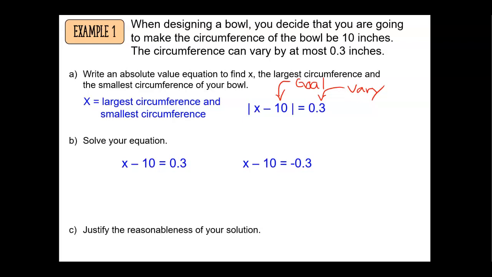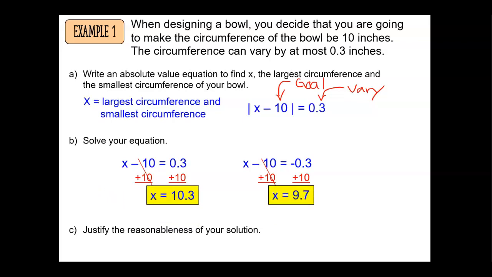Now, can you solve both of these one-step equations? How do you get rid of those minus 10s? Plus 10, plus 10. 0.3 plus 10 is not 13, right? Are you writing this down? It's 10.3. And then negative 0.3 plus 10, it's not 7, it's 9.7, sorry.